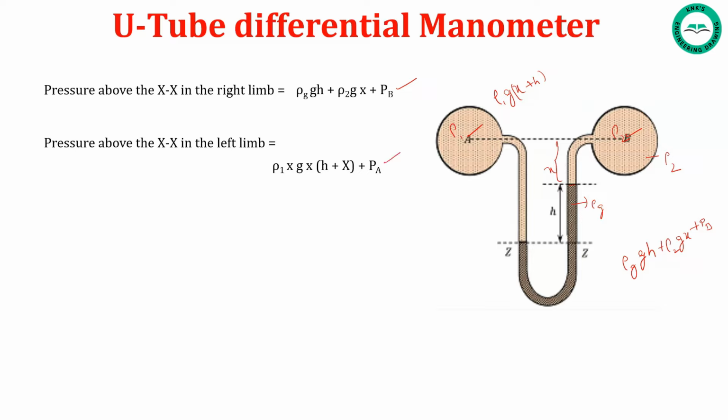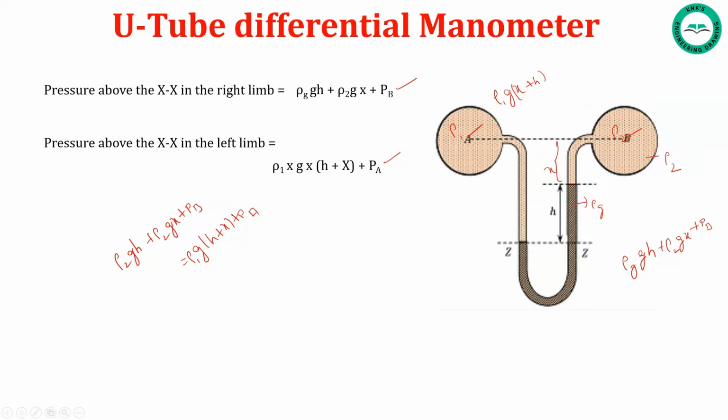By equating these two equations, we'll get: rho G G H plus rho 2 G X plus PB equals rho 1 G (H plus X) plus PA.